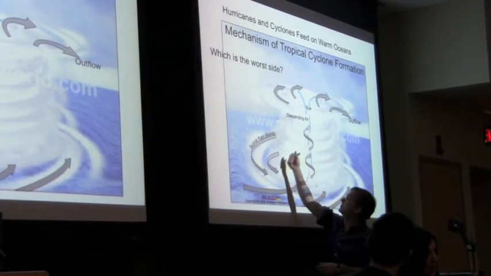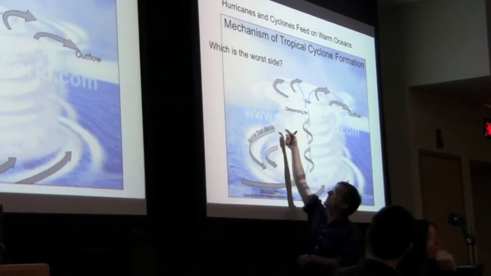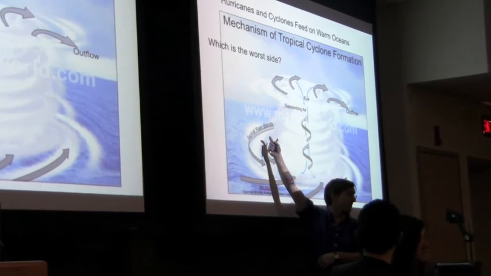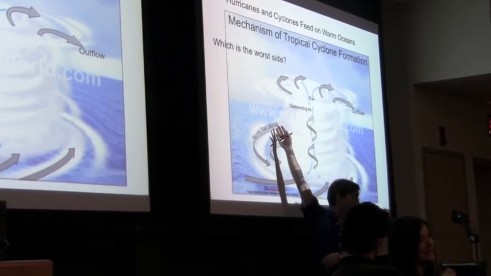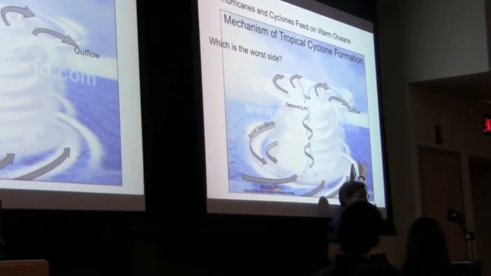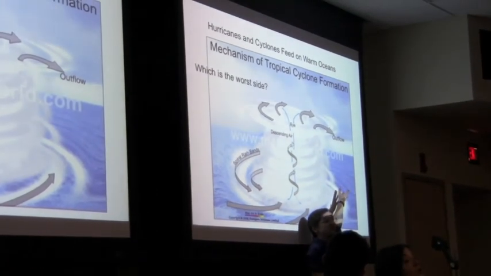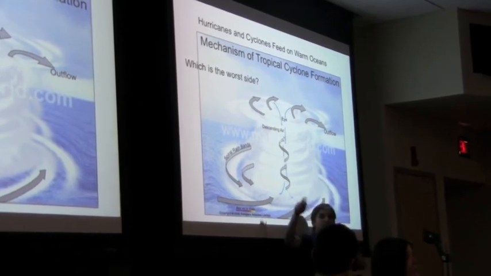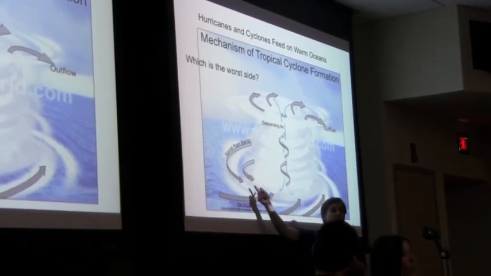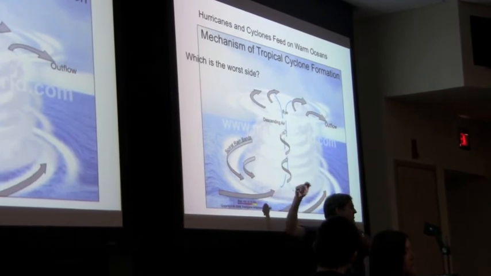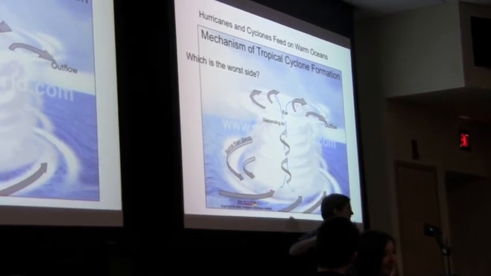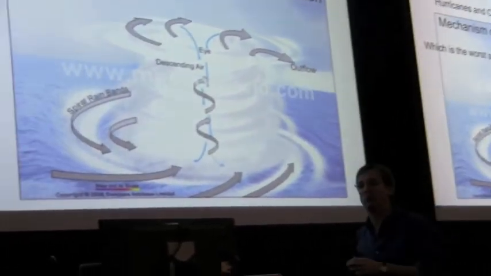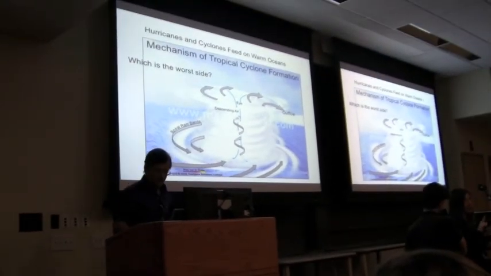On the other side of the storm, the net is only 80, because you subtract the storm motion from the wind speed. So it matters on which side of the storm you're located in terms of the impact.